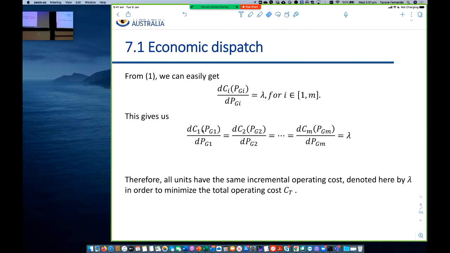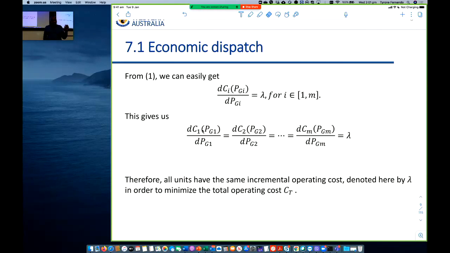As long as we know that function, we can perform an optimization to minimize the overall cost of meeting a particular demand. So how do we allocate power to different generators, assuming transmission loss zero, neglecting them?